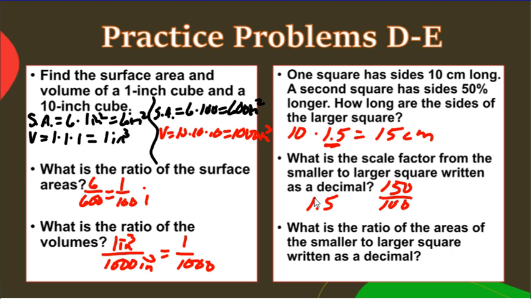If it's 50% more, 150 divided by 100 equals your 1.5. And what is the ratio of the areas of the smaller to the larger square written as a decimal? I would just take my scale factor of 1.5 and I would have to square it, and that would give me 2.25.